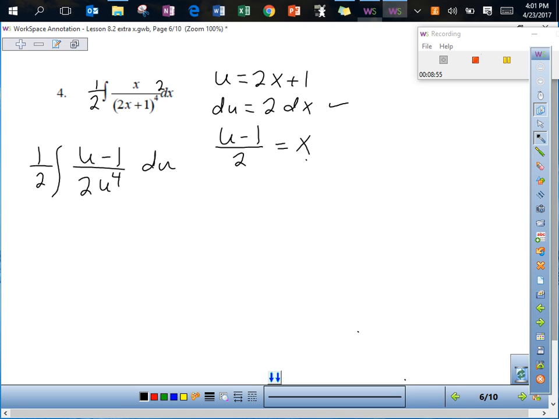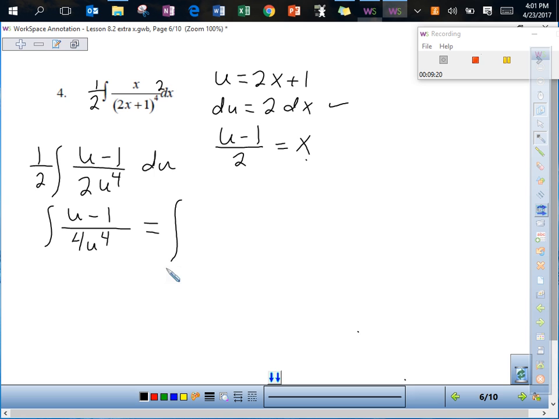Okay. Now, I'm going to simplify this so that I can find the antiderivative. So guys, I'm going to distribute in this 1/2. So I'm going to think of this as u minus 1 over 4u to the 4th. Now I'm going to split it up so I can find the antiderivative of it.